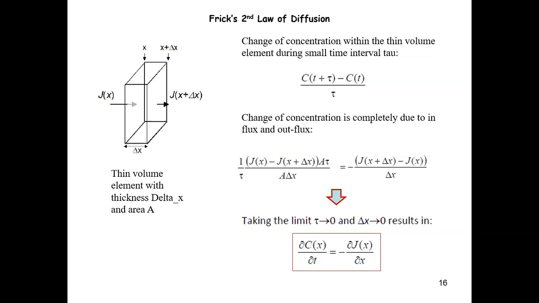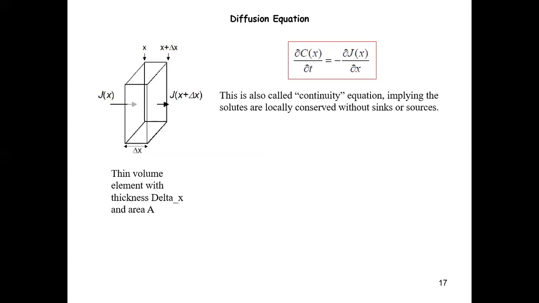Okay, so you can easily generalize to 3 dimensions, which I won't do here. I will just stick to 1D, and if you're interested, you can try to generalize to 3 dimensions as an optional homework. Okay, so now if I collect Fick's first law and Fick's second law, you'll see what I have. We just tidy this up a little bit. This is Fick's second law, or sometimes called the diffusion equation or continuity equation.